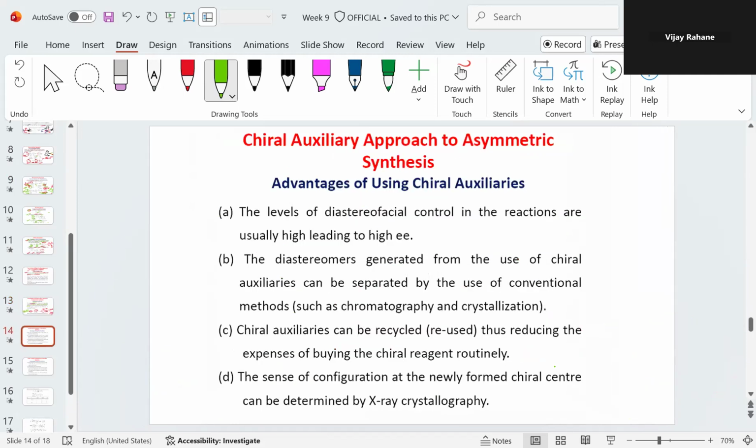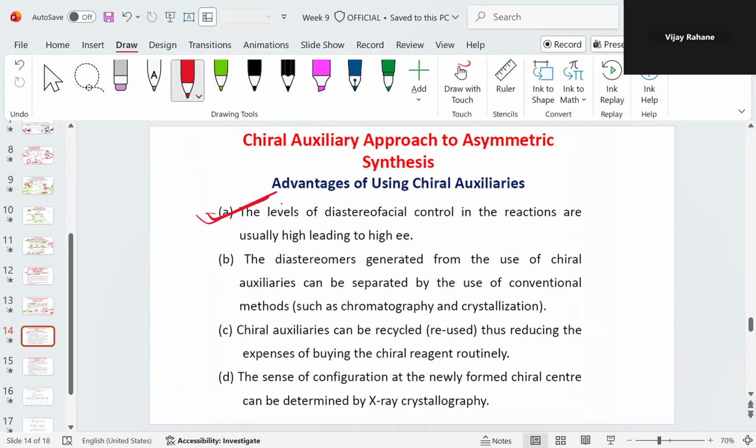Now we'll see some advantages of this chiral auxiliary approach. You can refer to the advantages here. I will not go into more detail; I will just read them, and then we'll see some problems based on this chiral auxiliary approach in asymmetric synthesis.